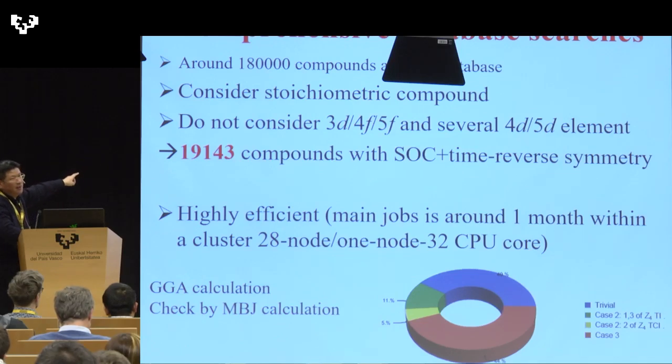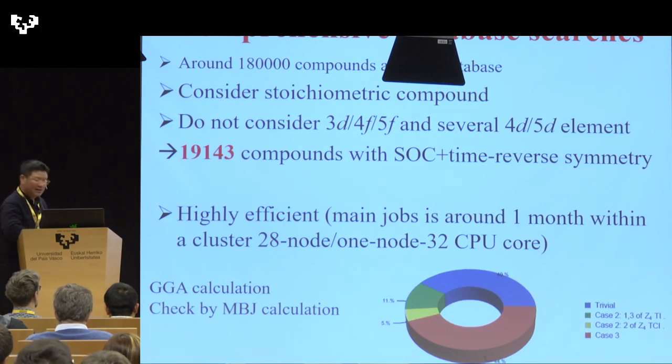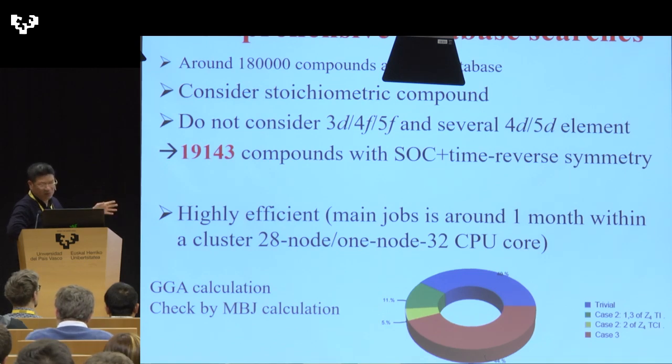We also know regular DFT calculation is not good for 3D, 4F, 5F, so we don't calculate those. For several 4D, 5D elements, the Coulomb interaction is also an issue and DFT is not that good, so we do not calculate those either.